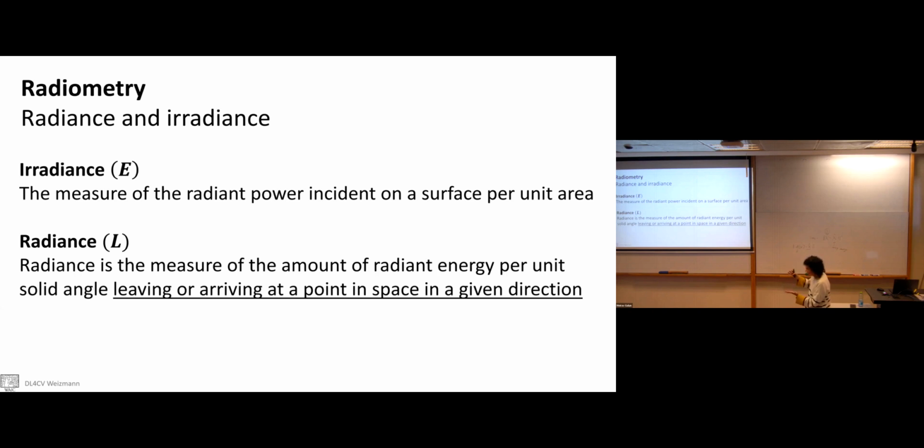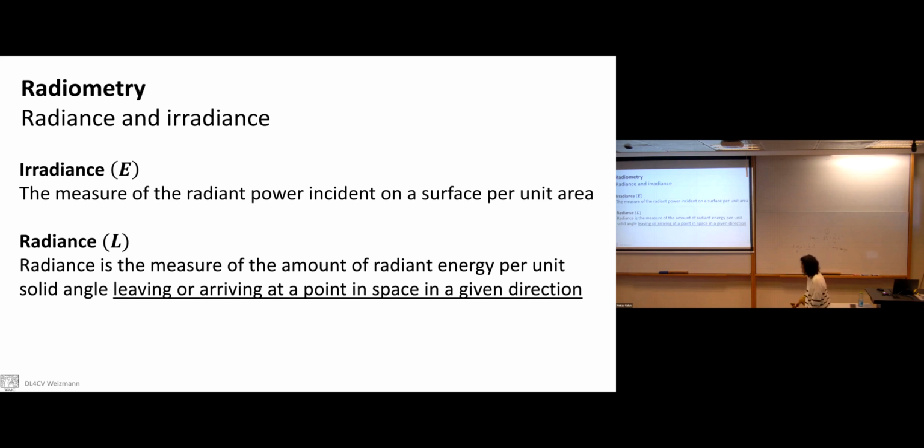Okay? So the idea is the following, and we'll see it mathematically in a minute. The irradiance looks at the surface without differentiating the direction, and the radiance takes into account also the direction of the light, from where it comes or how it goes out.